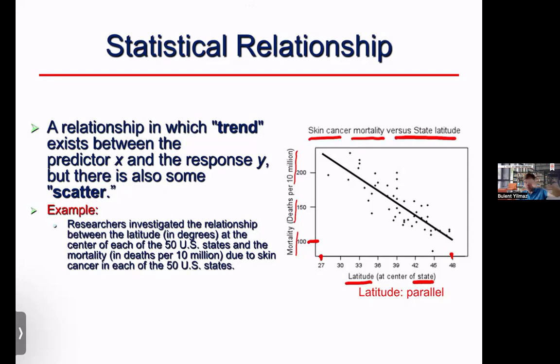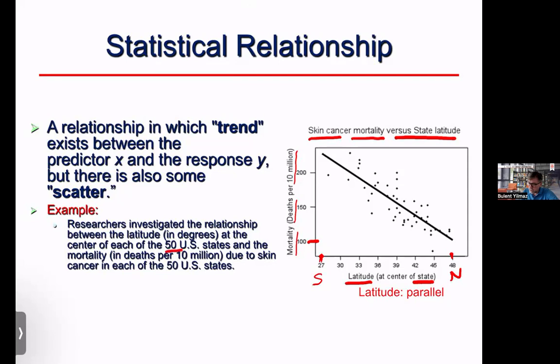If it goes down, okay, this is close to the equator, okay? This is close, this is more south, this is more north. As we go down, down, down, what happens with the mortality rates of people who live in that state, okay? There are 50-something states in the US.